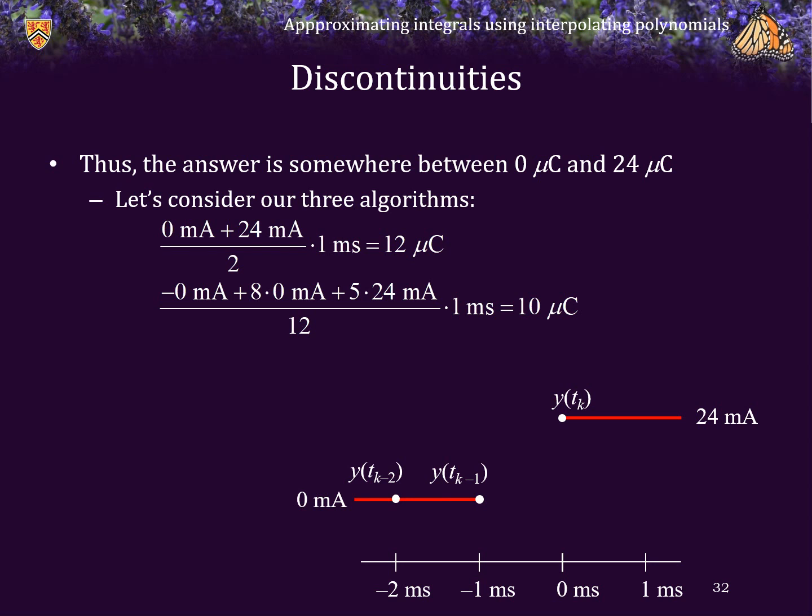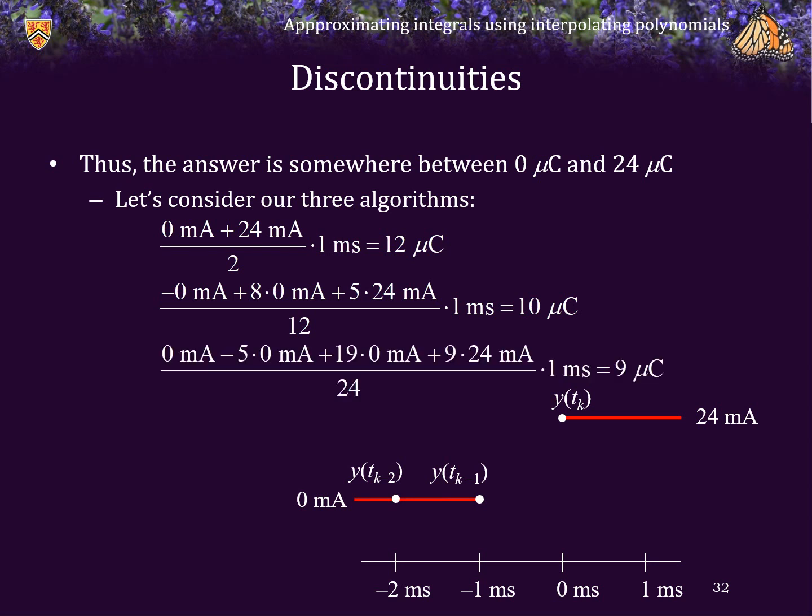If we take the formula where we integrated a quadratic passing through 3 points over the last time interval, then we get an approximation of 10 microcoulombs, which is suboptimal. It's no longer near the center. And if we found the interpolating cubic, integrating it over the last time interval, we get an even worse approximation because, once again, if we have no better information, we had best assume the midpoint.